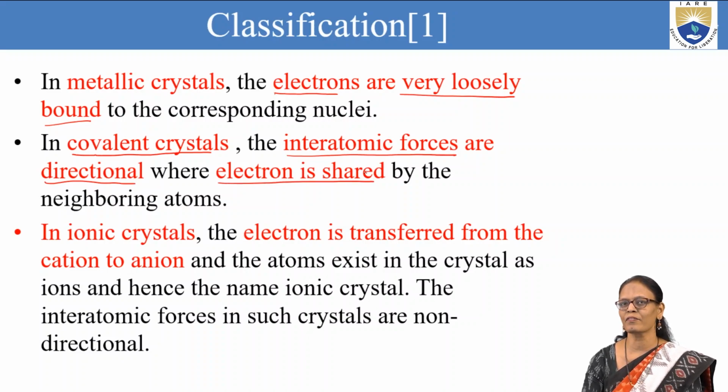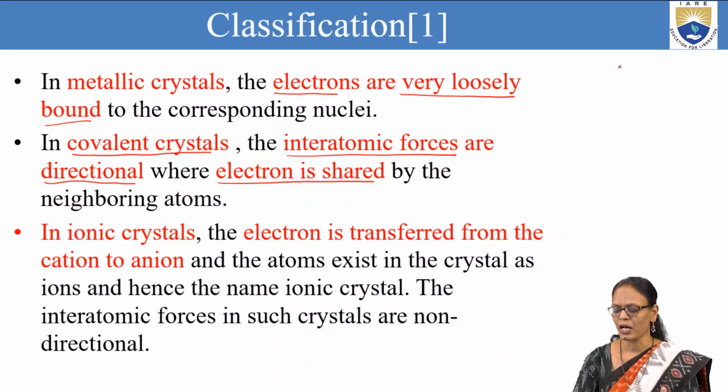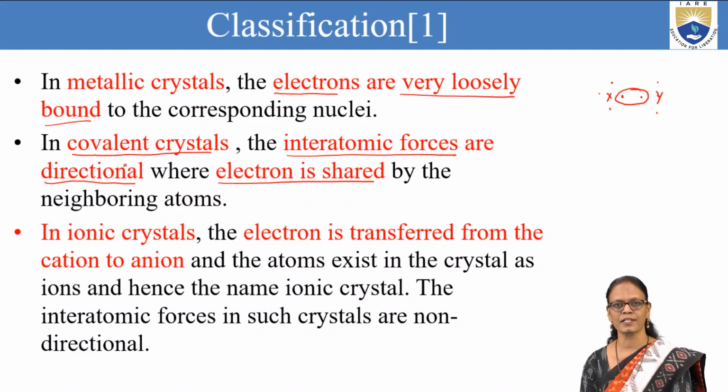So, like we see, if we have an atom which has 4 electrons, if it has to form a bond with the neighboring atom, these 2 electrons may be shared by both the atoms. We have X and we have Y. This electron belongs to Y atom and this electron belongs to X atom. But these 2 electrons will be shared by both these atoms. Then we call it a covalent crystal.